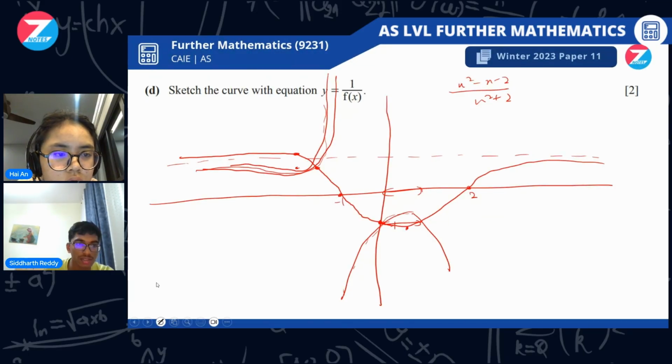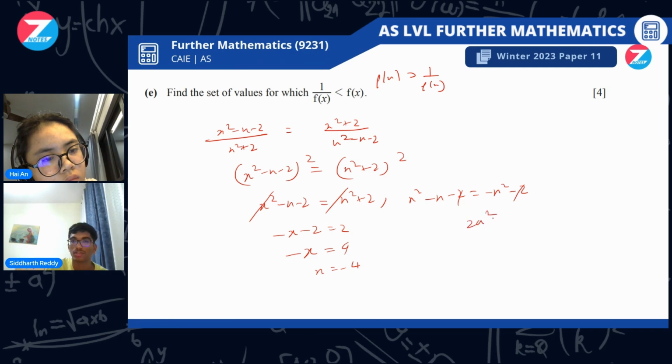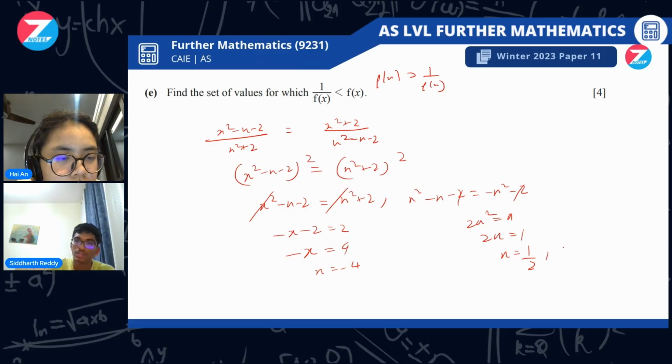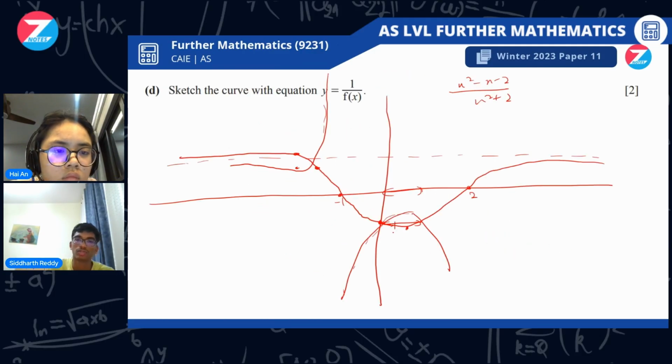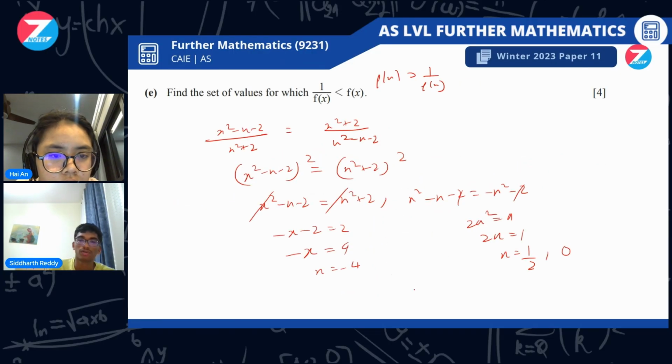We just erase that one. 2x squared is equal to x, so 2x is equal to 1, so x is equal to 1 by 2. And x is also going to be equal to 0 because that's also a solution. So this is going to be the point 0 and this is going to be the point 1 by 2. So f of x is going to be greater between these two values, 0 and 1 by 2.